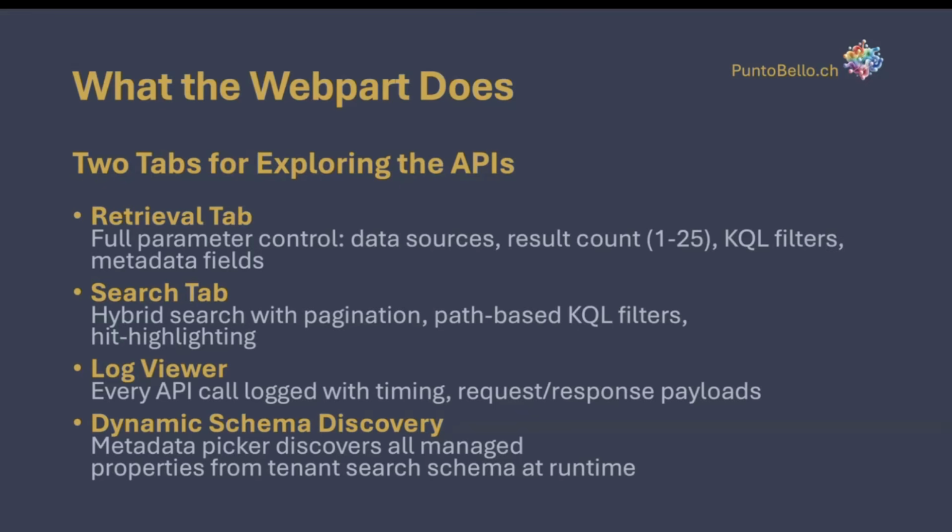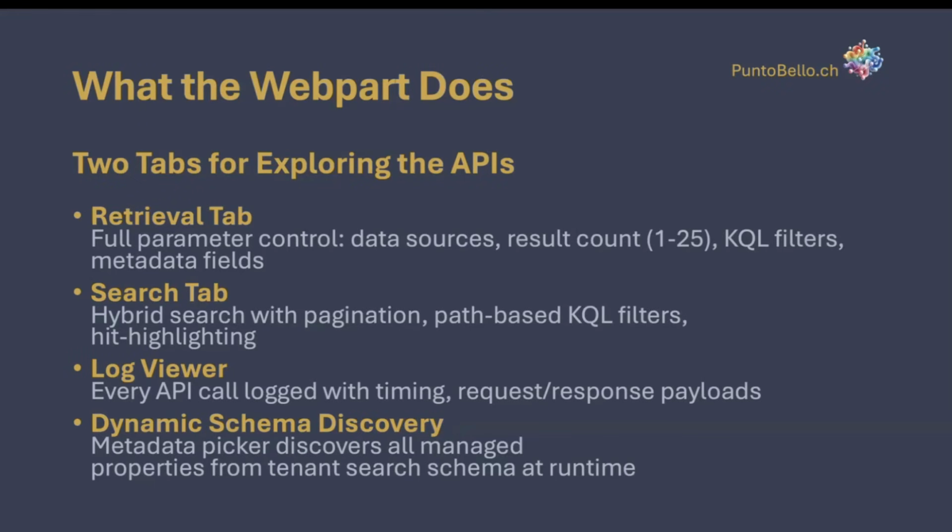What the web part basically does, which I will showcase afterwards, is it has a tab for each API, plus a little log viewer. In the Retrieval tab, you can control every parameter: data source, result count, KQL filter, and metadata field.